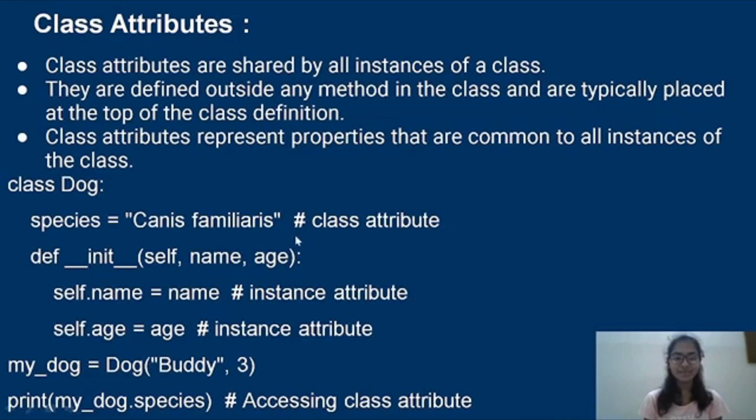This is the class attribute. We have defined name and age of the dog with the self keyword. self.name equals name of the dog and self.age equals age of the dog. These are the instance attributes, and this is how we access the class attribute: my_dog equals Dog Buddy and 3, print my_dog.species.